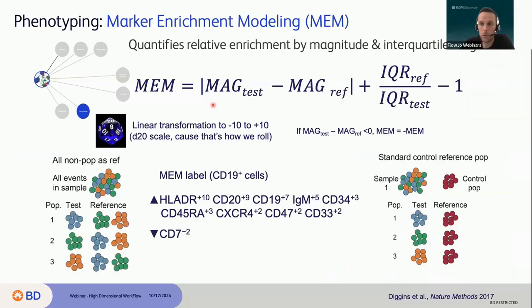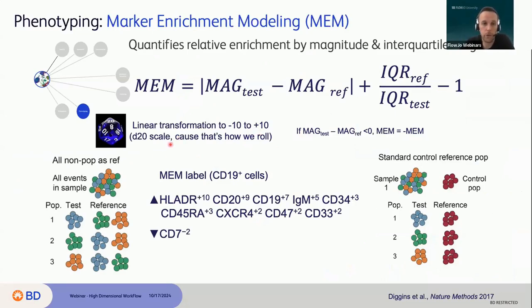You can use a more automatic way, which is MEM, which stands for Marker Enrichment Modeling. MEM is going to compare one cluster with a population of reference. This population of reference can be all the other clusters, the average of all the other clusters, or a user-defined population.